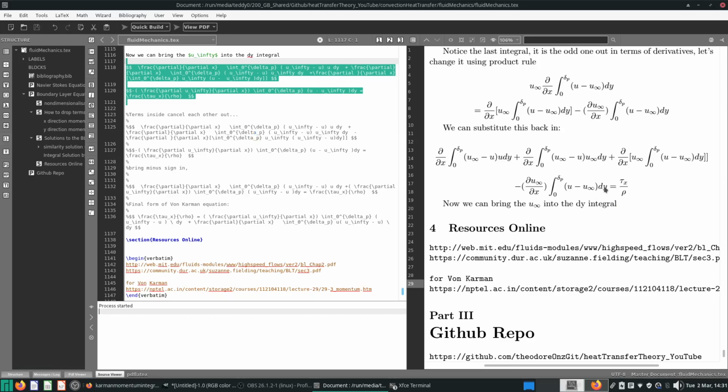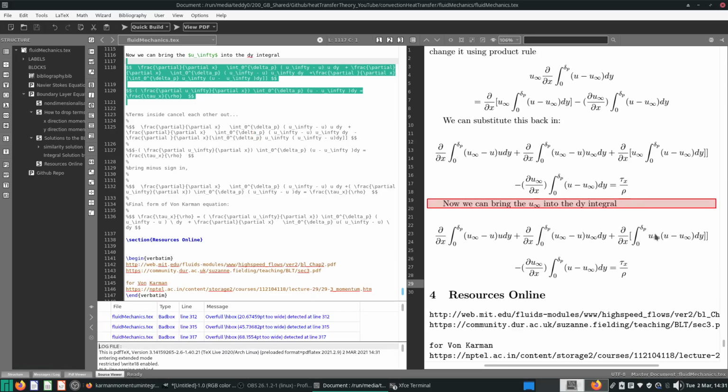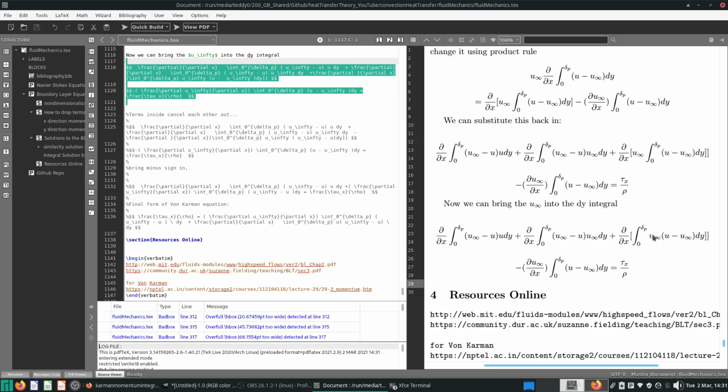The rest of the terms again, keep it constant. So I'm bringing the u infinity term here. After that, I want you to notice one thing. This term and this term, they are negatives of each other.